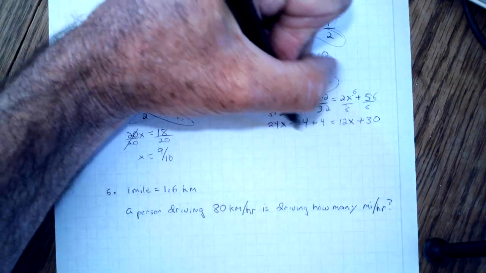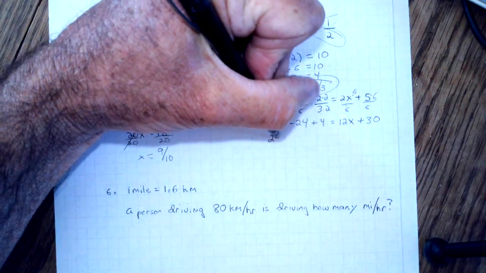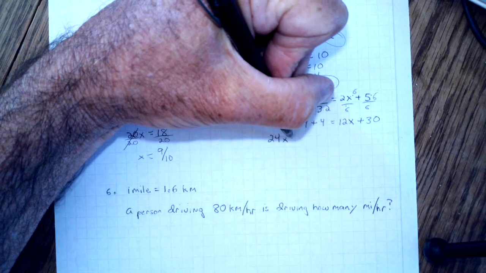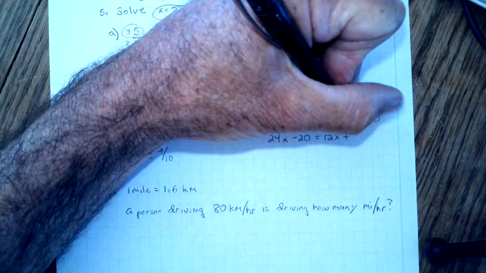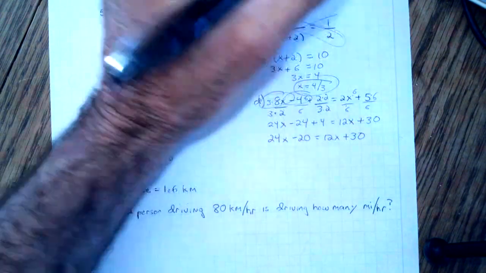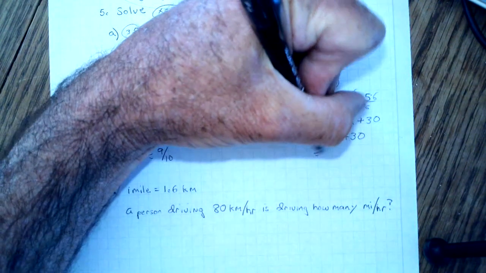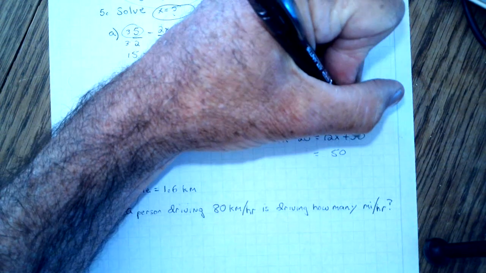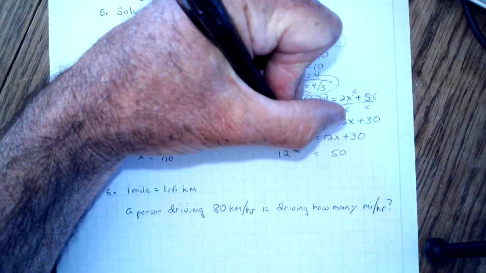I'm going to combine those. Negative 24 plus 4 is negative 20. So I get 24x minus 20 equals 12x plus 30. Now all I'm going to do is add 20 to both sides, and I get 50. And those go away, and subtract 12x on both sides, and I get 12x.